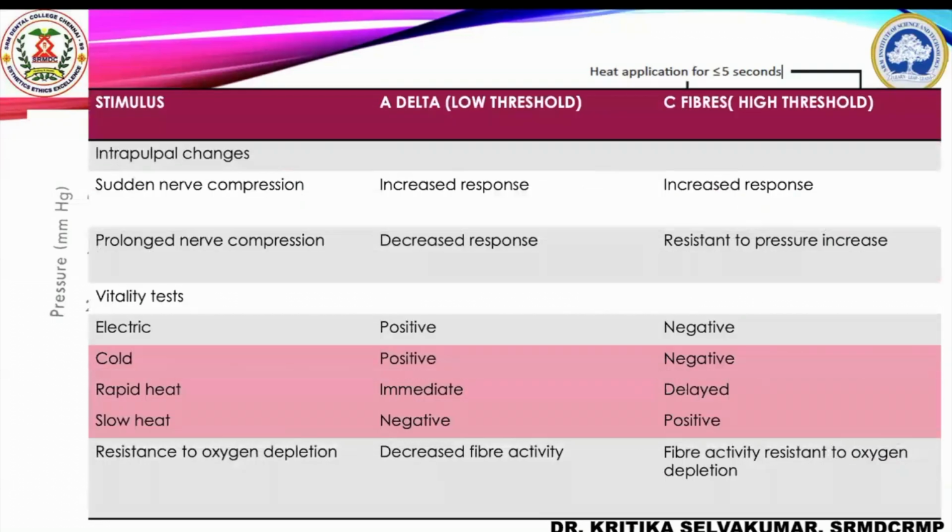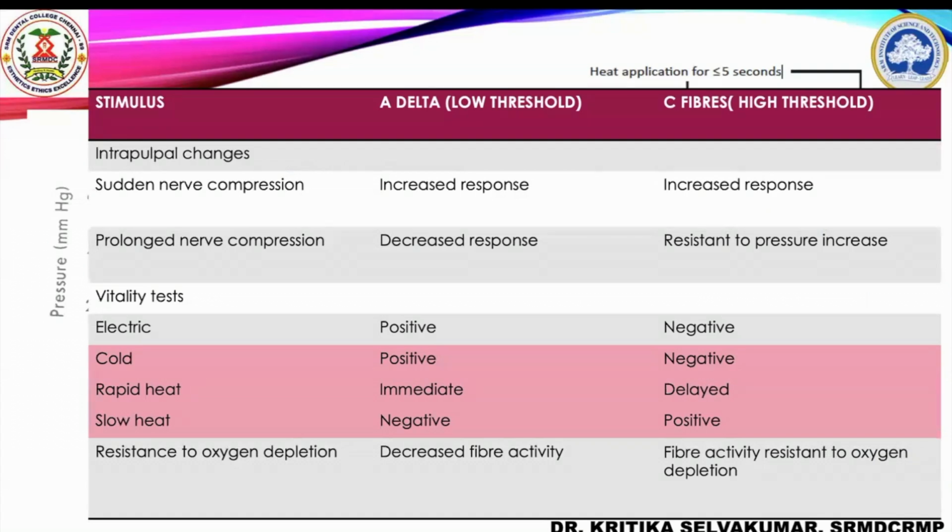So with regard to the activation of the A delta and C fibers within the neural supply of the pulp, the cold stimulus gives a positive response and leads to the activation of A delta fibers which are of low threshold and are myelinated. And the rapid heat also gets activated.